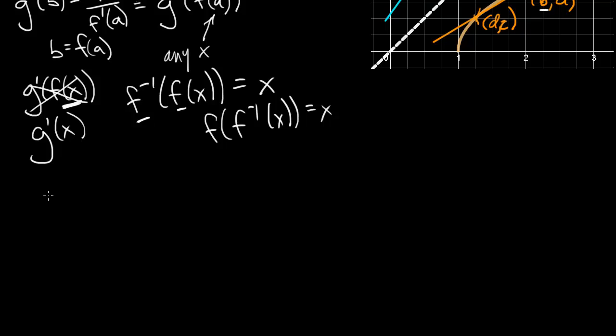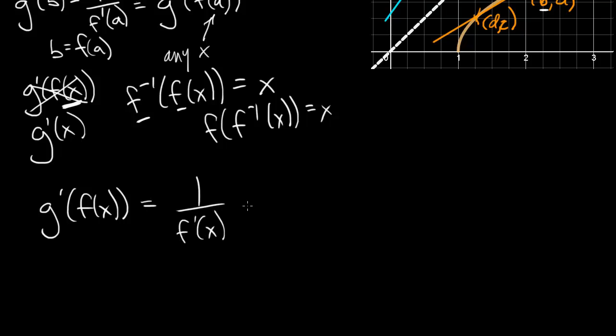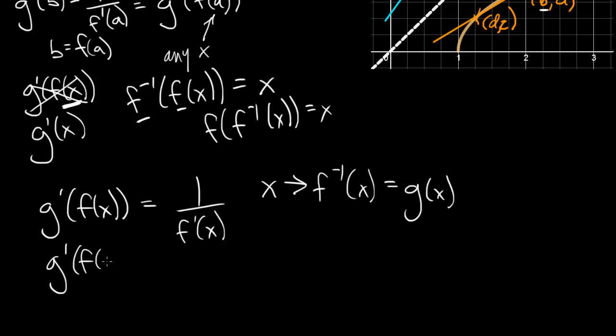So let's substitute. We've got g prime of f of x equals 1 over f prime of x. And if we substitute x becoming f minus 1 of x, or g of x, then we have g prime of f of g of x is 1 over f prime of g of x.